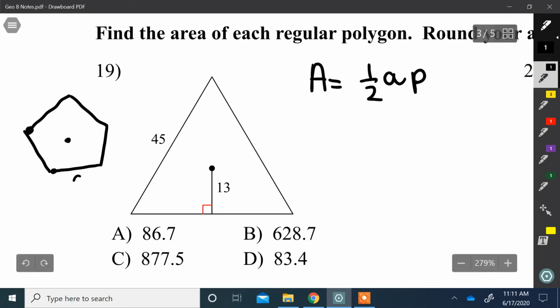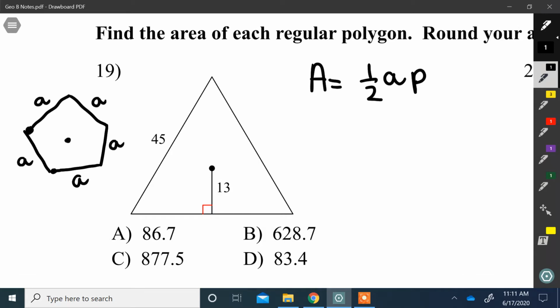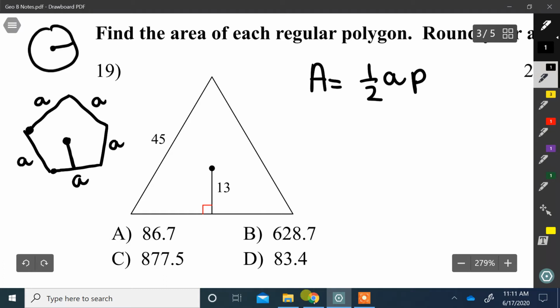A regular polygon always has sides of the same size, so if that one is A, all of them are A. The apothem is kind of like what we call the radius in a circle. It's like the radius for regular polygons. So this portion right here, we call the apothem. And I should have put a bunch of A's like that because that's going to be confusing. But let's just put a 3 right there.